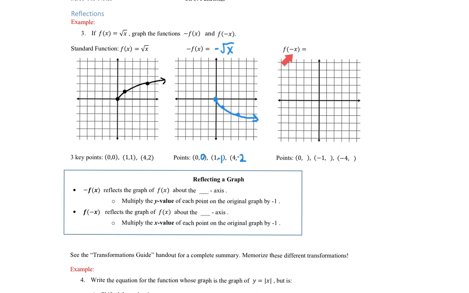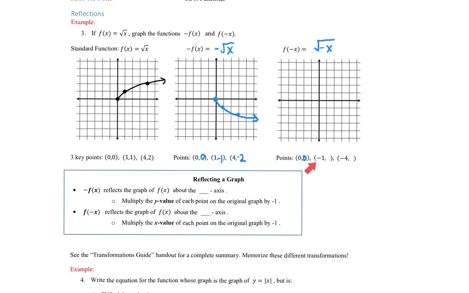Let's take a look at what happens when we plug our negative inside the function. Once again, we'll consider our 3 points. If we take the square root of negative 0, we're still going to get 0.